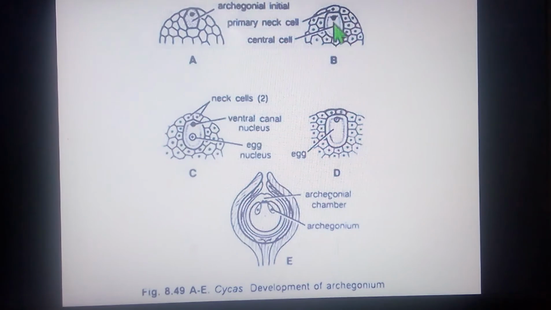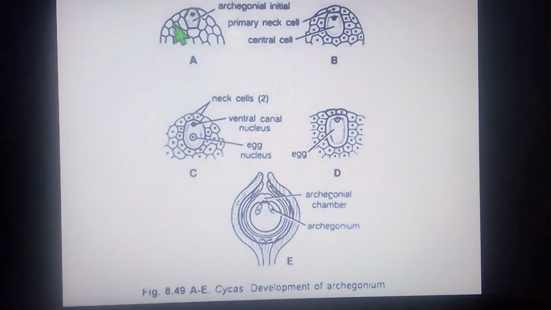You can see here in figure B, it is very clear that these cells are unequal in size. A smaller outer one is referred to as a primary neck cell, whereas the much larger one is called the central cell. So the archegonial initial will divide by periclinal division to give rise to a smaller primary neck cell and a larger central cell.